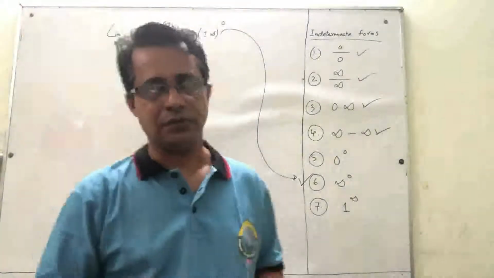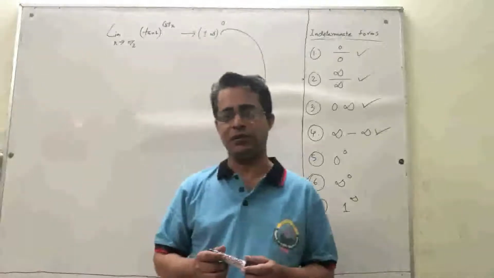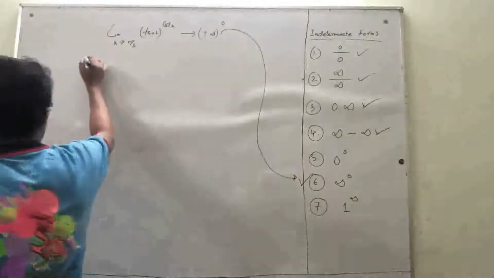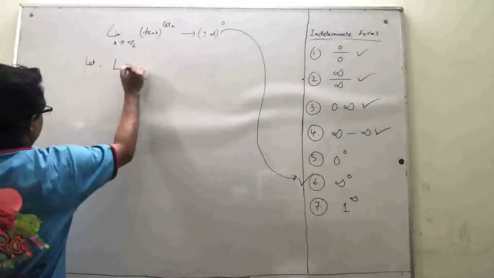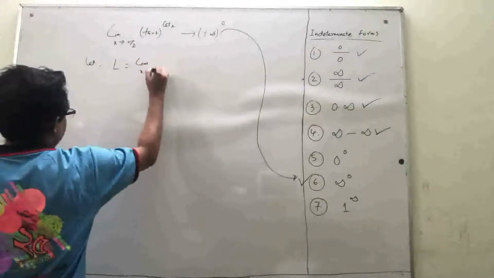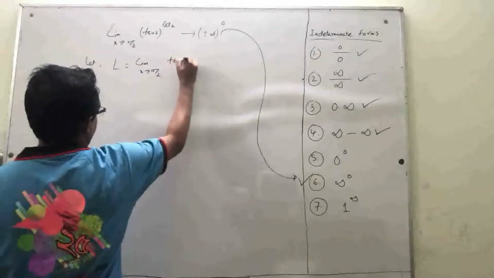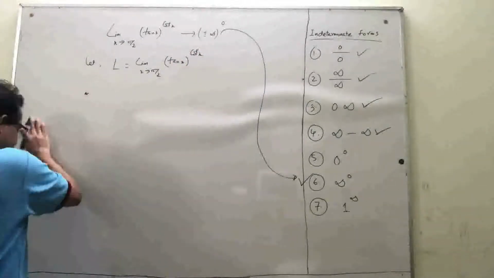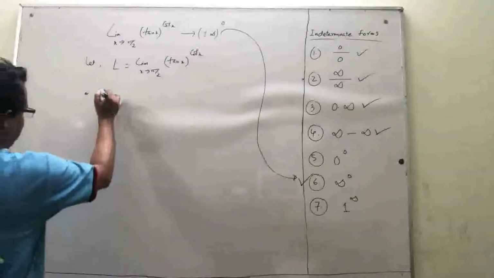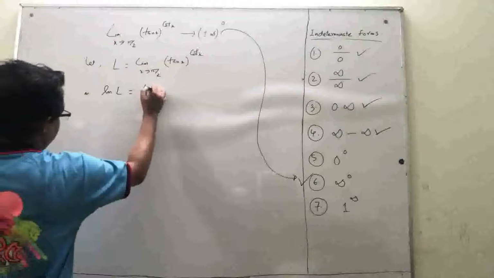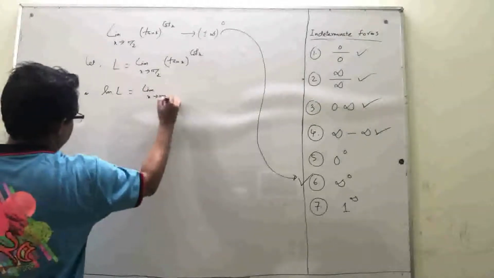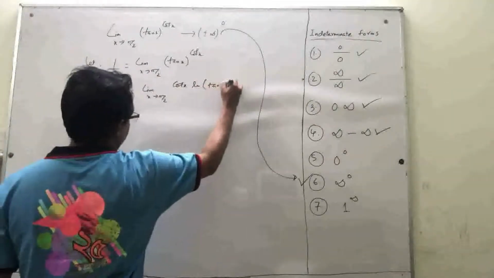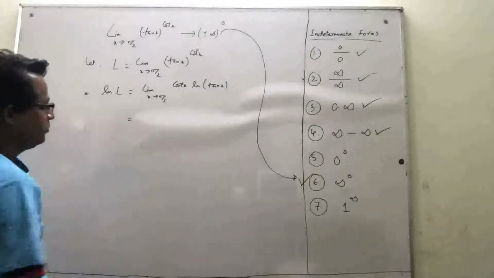In this case, we can proceed with the help of logarithm. Let L equal limit x tends to pi by 2 of tan x whole power cot x. Now, applying logarithm on both sides, we get ln L equal to limit x tends to pi by 2 of cot x ln tan x, with the help of properties of logarithm.